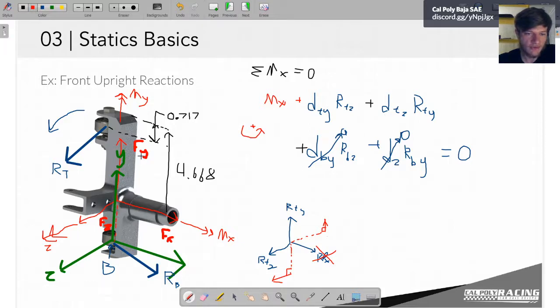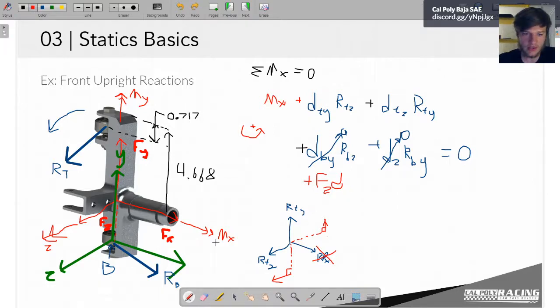Now we don't have one from Fy, because Fy is in line, so the distance to Fy would be 0. And we don't have one from Fx, because remember, that's in the same plane. So you can't cause a rotation about the x-axis in the same plane as this x force. So we also need to say plus Fz dEF.